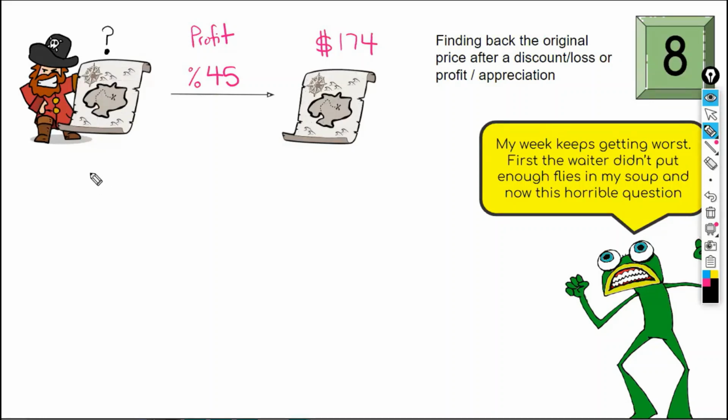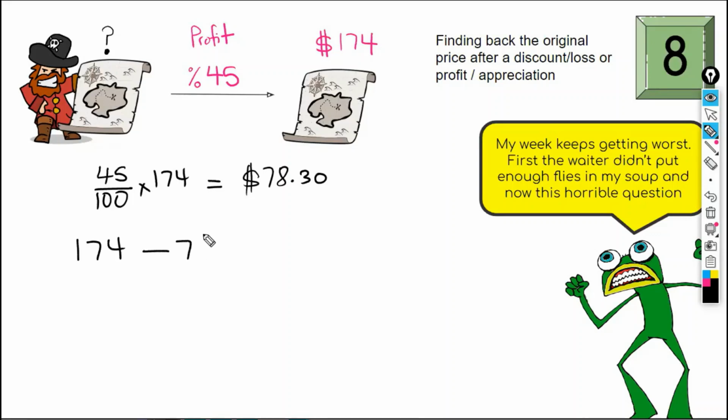So here's what a lot of people will do. They say, all right, we'll just work it opposite. We're going to find 45% of the 174. So let's do that. 45 over 100 multiplied by 174. But we're getting $78.30. If we take the 174 and minus this, are we going to get back the $120?